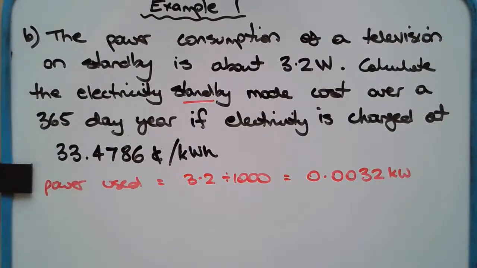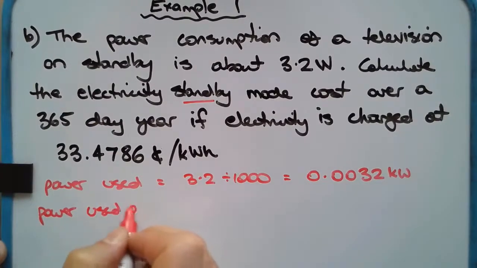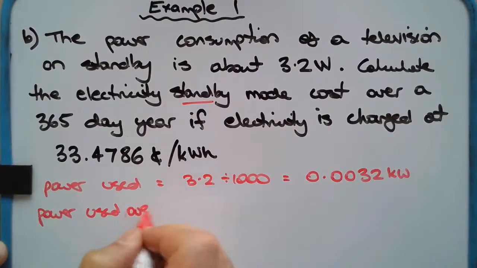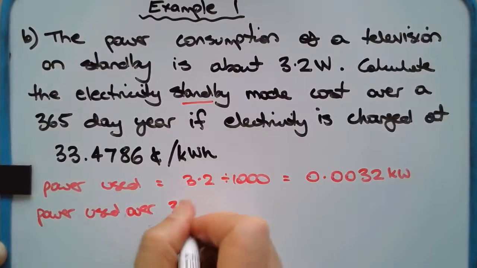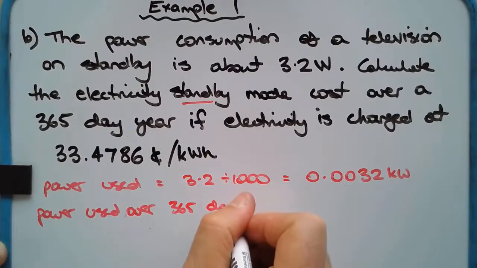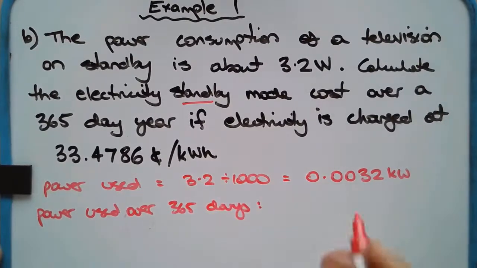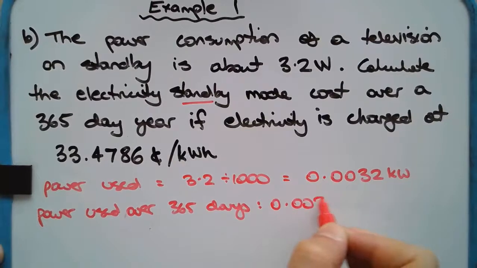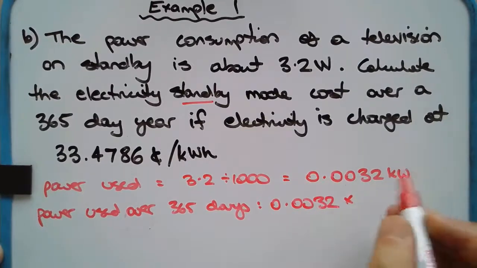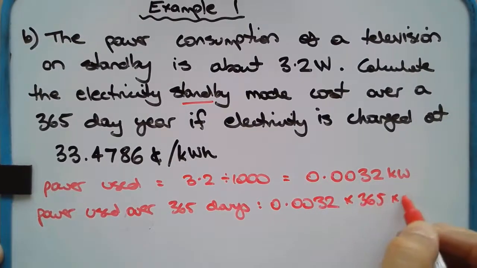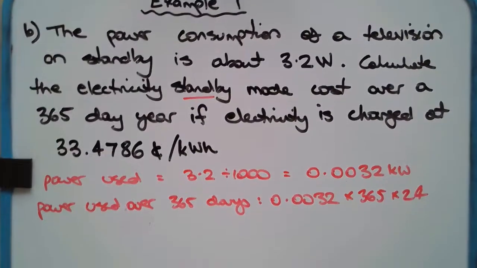The next thing we need is to work out the kilowatt hours, or the power consumption, over that period of time. So the power used over a year, over 365 days, is going to be equal to 0.0032 multiplied by 365 days, and there are 24 hours in a day.